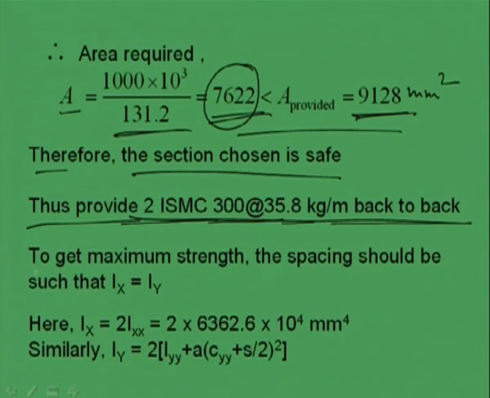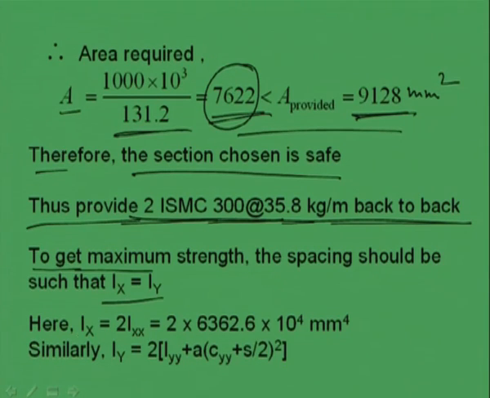Now, we have to decide the spacing between the two channels, right. For spacing, we will try to find the maximum strength, that means the spacing should be such that Ix will be equal to Iy, so that the maximum strength in both directions is equal, right.